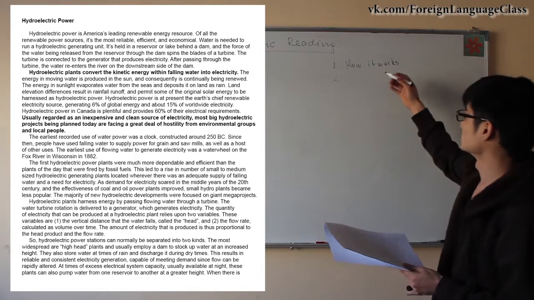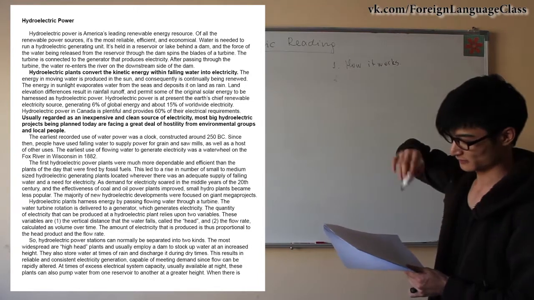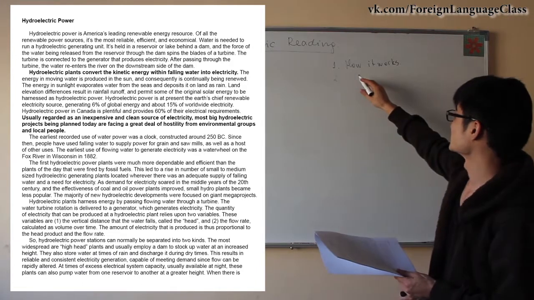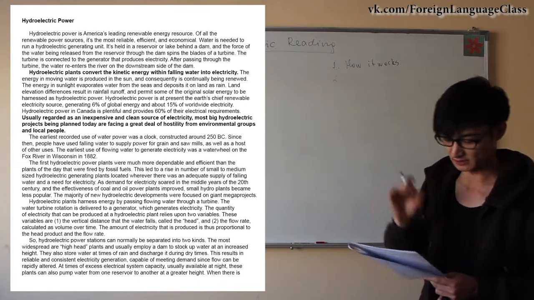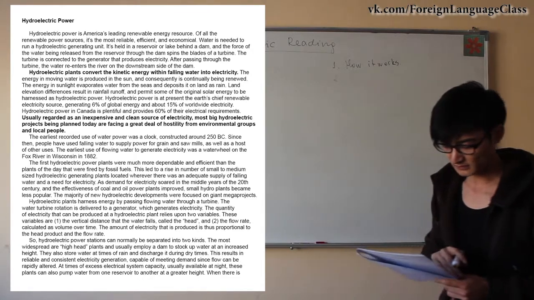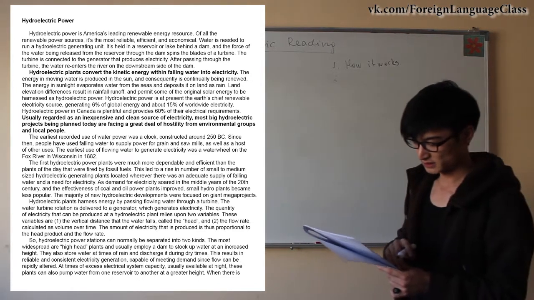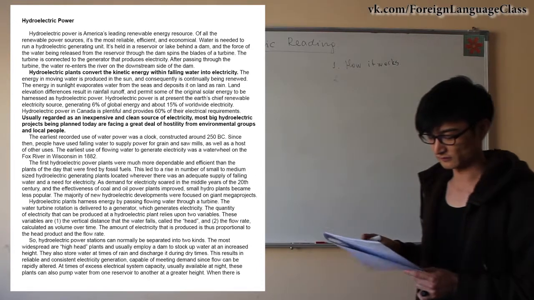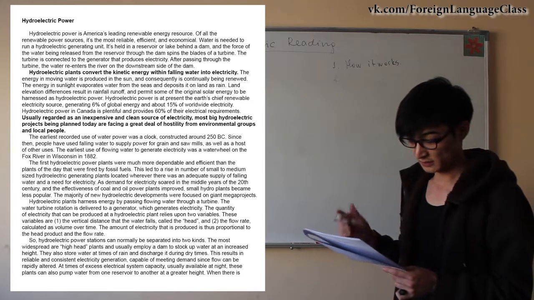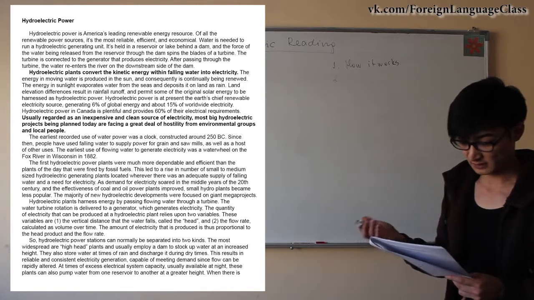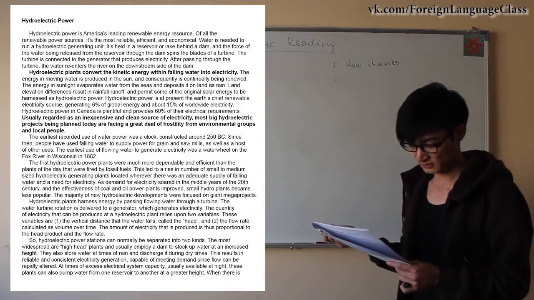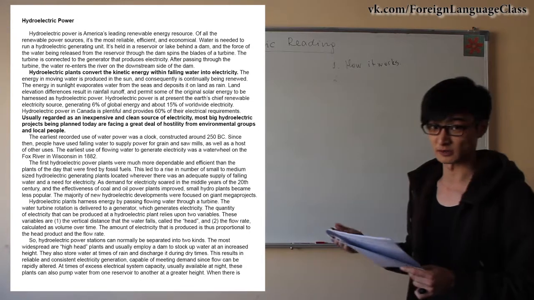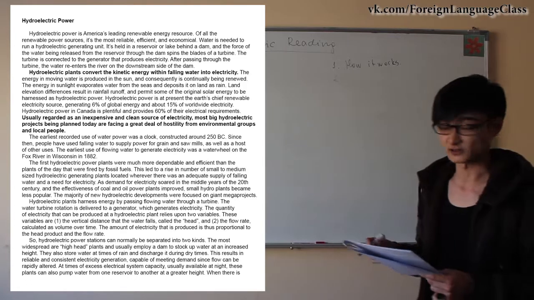The beginning of the second paragraph is still describing how it works, and the last sentence tells us about advantages and disadvantages of hydroelectric power. The advantage is an inexpensive and clean source of electricity. The disadvantage is some problems, despite these advantages.